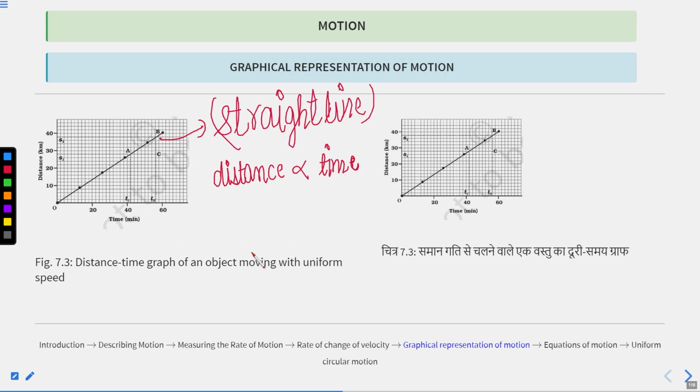So it has 2 points. This point is O, this point is A, this point is B, and their intersection is C. This time period is T1, this time period is T2, this distance is S1, and this distance is S2.